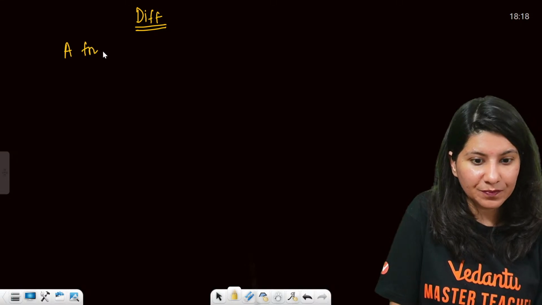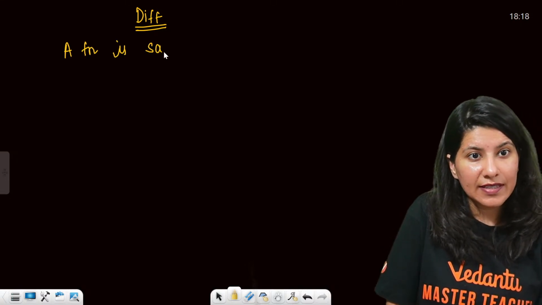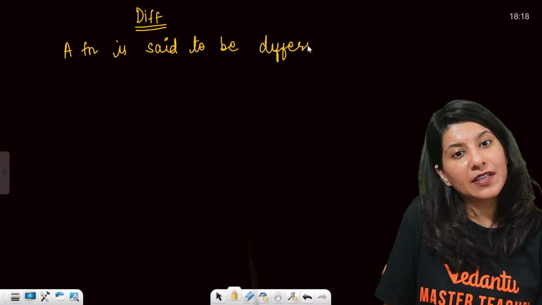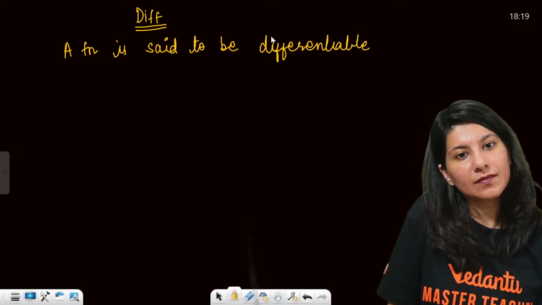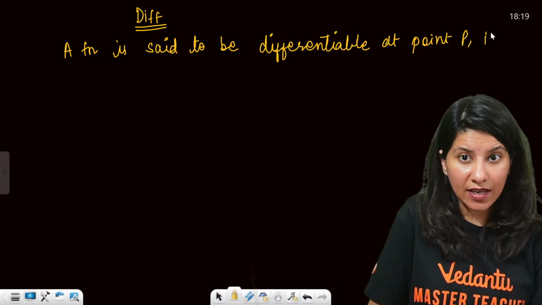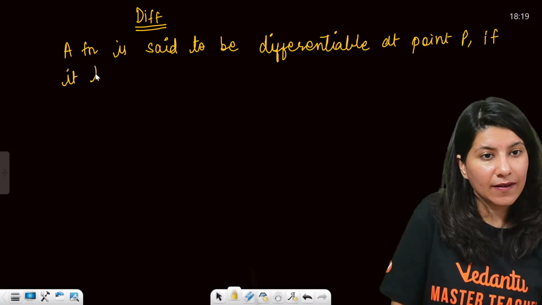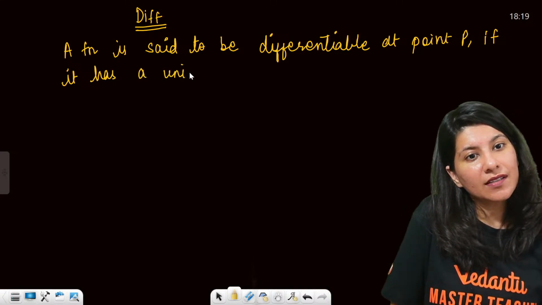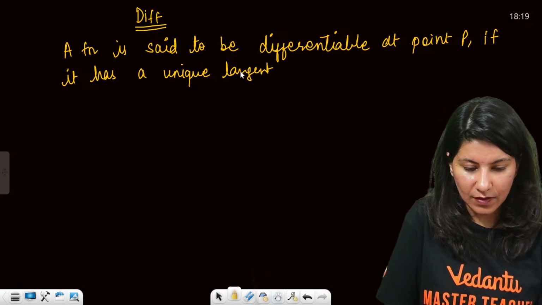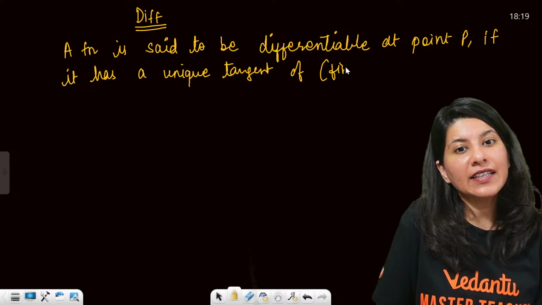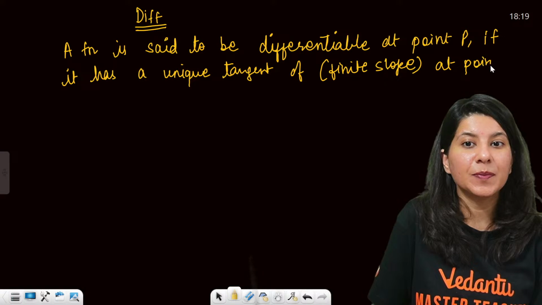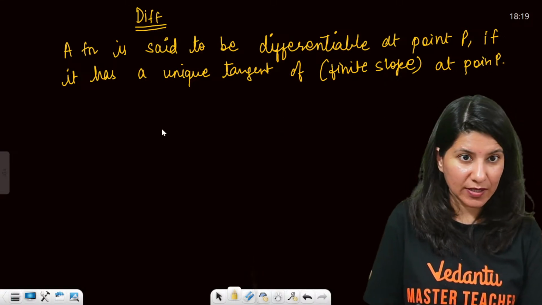A function is said to be differentiable at point P if it has a unique tangent of finite slope at point P. Hold on, understand what I'm trying to say.